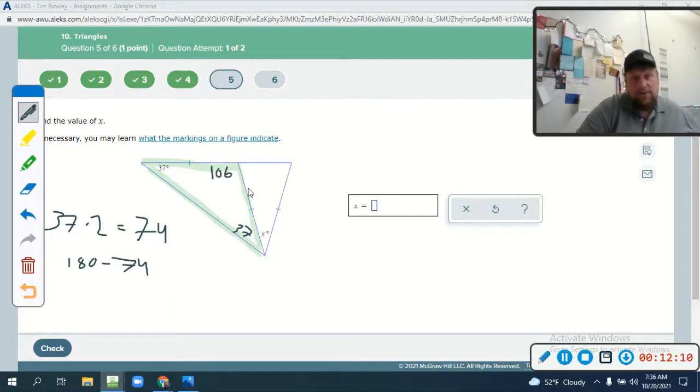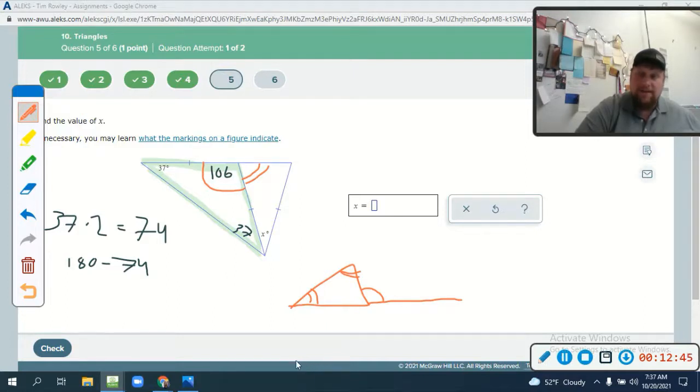It's obtuse. You know what else I know? I love knowing things. I know that this angle is supplementary to that angle. Those are a linear pair. So that means they also add up to 180. And that tells me, we talked about this the other day, if you have a triangle, an angle right here, this angle is equal to the addition of these two angles, the two opposite angles.